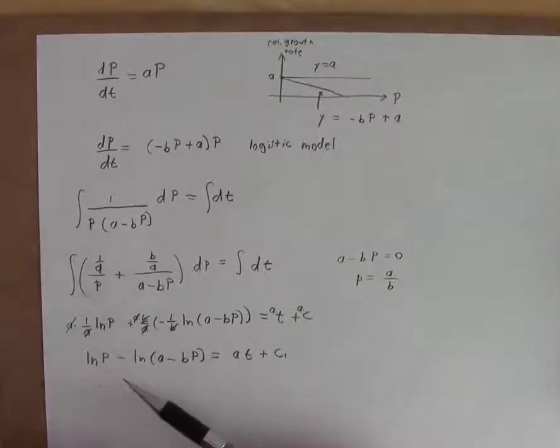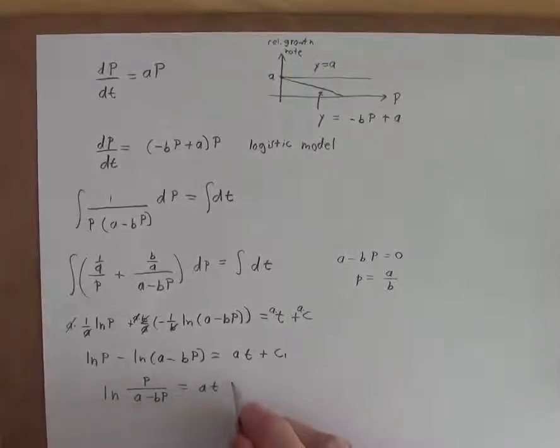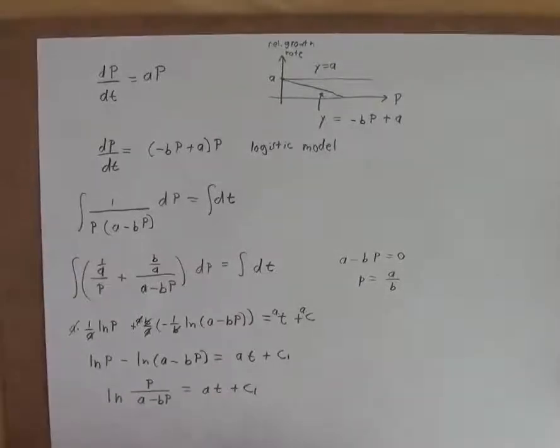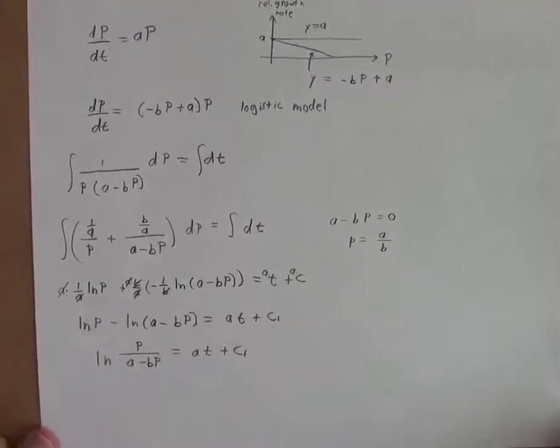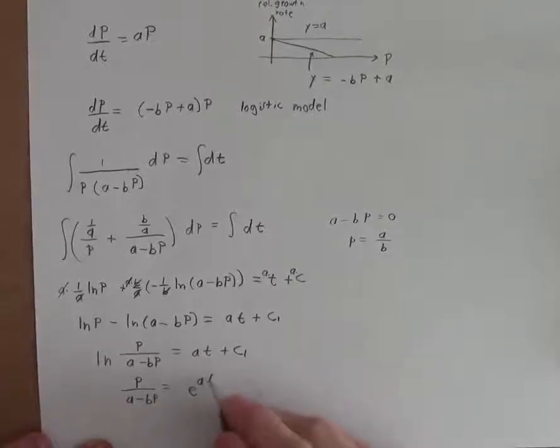Okay, next we'll apply properties of logarithms to combine those two. So that becomes the logarithm of p over a minus bp. And now we can remove the logarithm by using the exponential function. So we get p over a minus bp is equal to e to the power at plus c1.